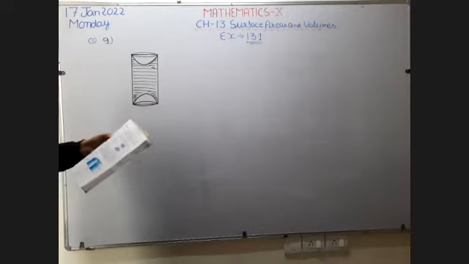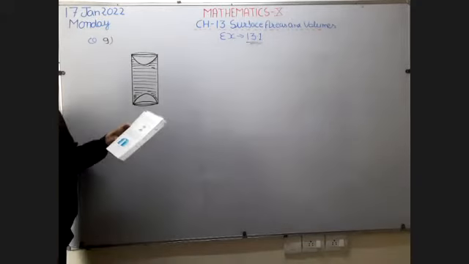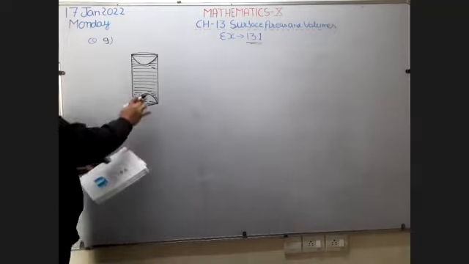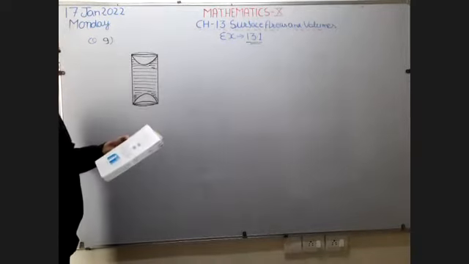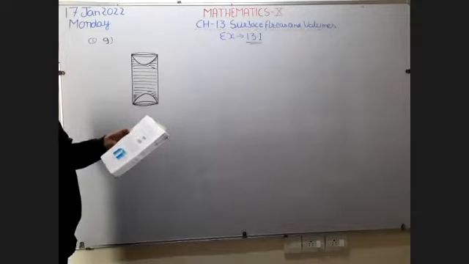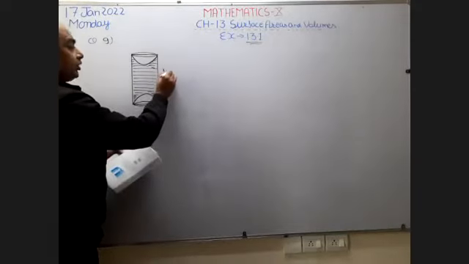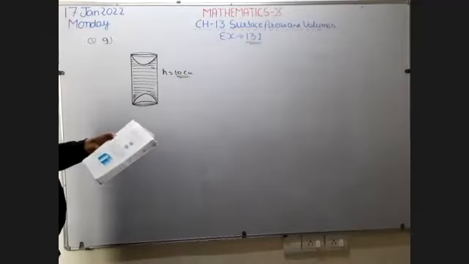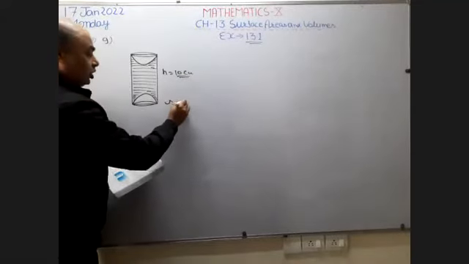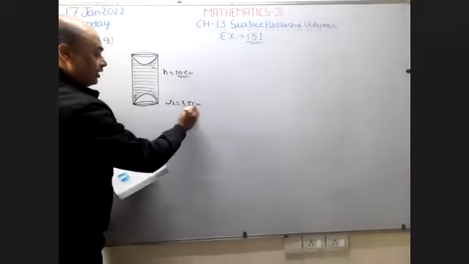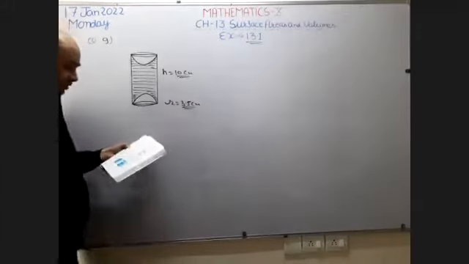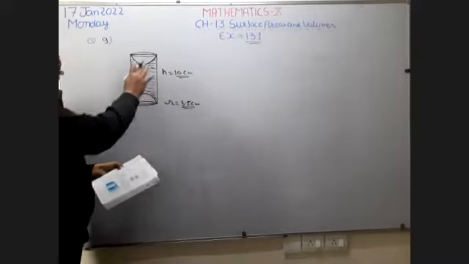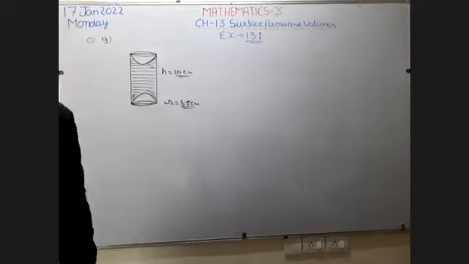A wooden article is made by scooping out a hemispherical bowl from each end of the solid cylinder, as shown in the figure. The height of the cylinder is 10 centimeter, and the base radius is 3.5. Radius is given 3.5, height is given 10 centimeter. Find the total surface area of the article. We want to find the total surface area of the remaining portion.